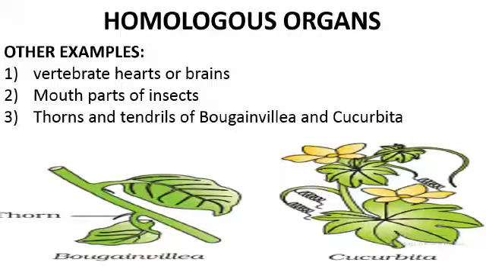So both thorn and tendril arise from axillary bud, but function is different. Thorn in case of bougainvillea provides defense, whereas tendril in case of cucurbita helps in mechanical support or to climb up. So this is the best example for homologous organ in plants. Basic plan is same, both of them arise from axillary bud, but function is different.